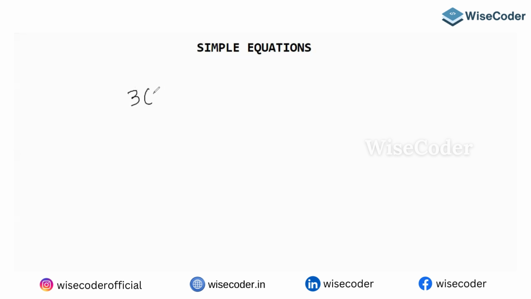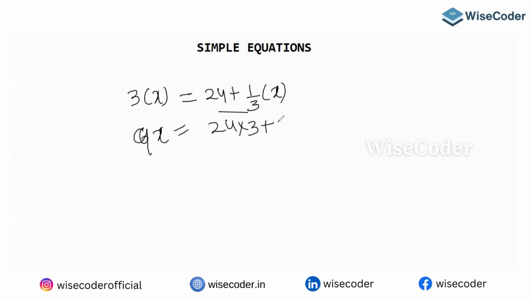Thrice a number is equal to 24 plus one third of it, one third of x. If you calculate it, take the LCM, 3 will come to this side. So 9x is equal to 24 into 3 plus x.